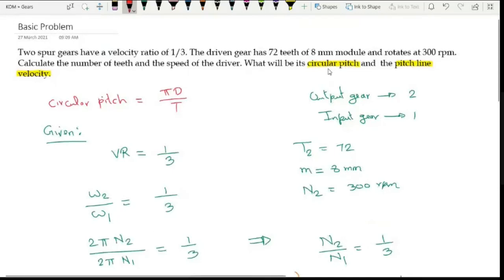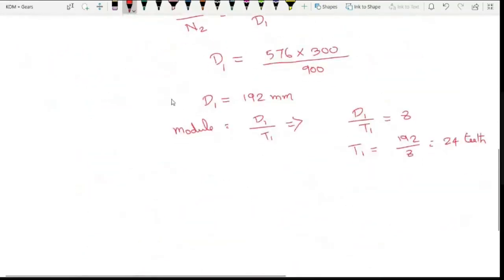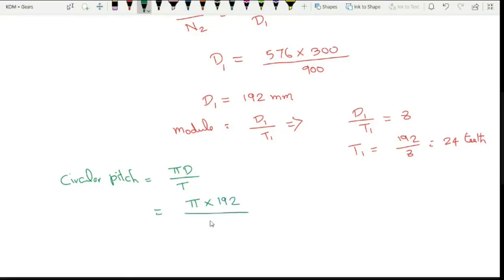Now, what about circular pitch? You can apply any one formula. The formula is pi into d by t, right? So circular pitch is pi into d divided by t. If I consider d1, it is pi into 192 divided by t1, which is 24.